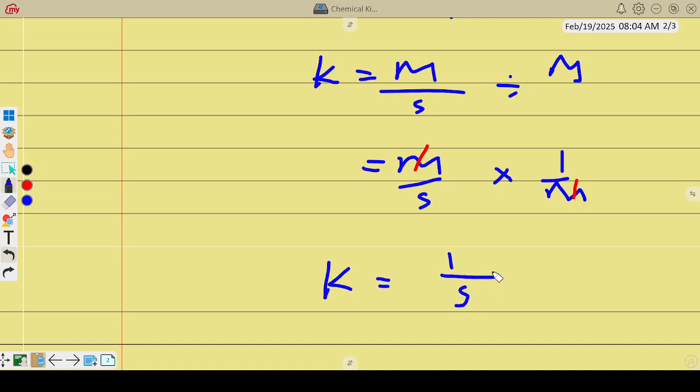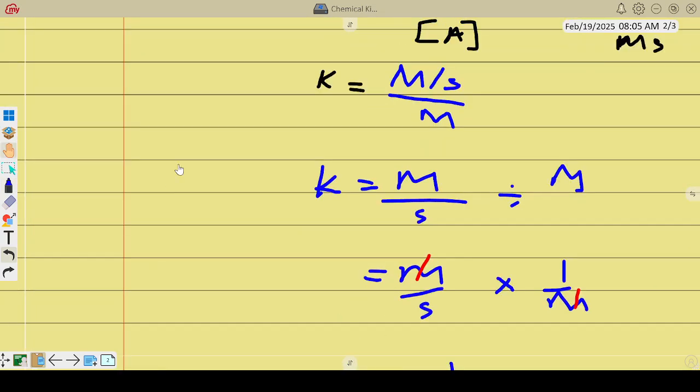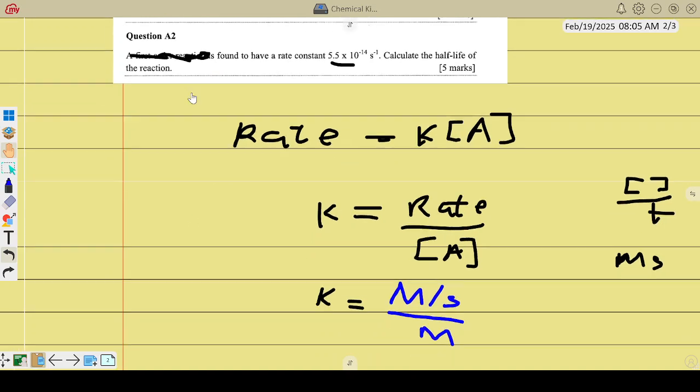And according to dimensional analysis, this can be written as s to the power negative 1. So these are the units for the rate constant. Here you can see a first order reaction has a rate constant with units of s negative 1. You can take note of that.